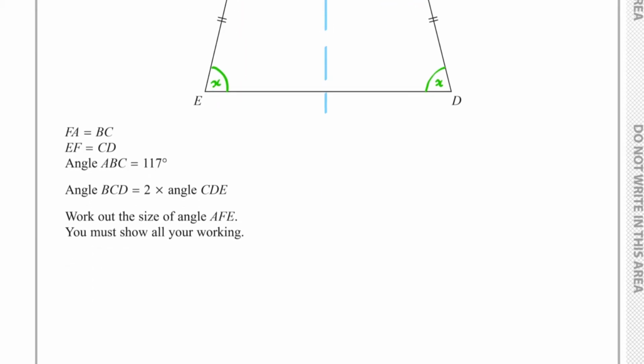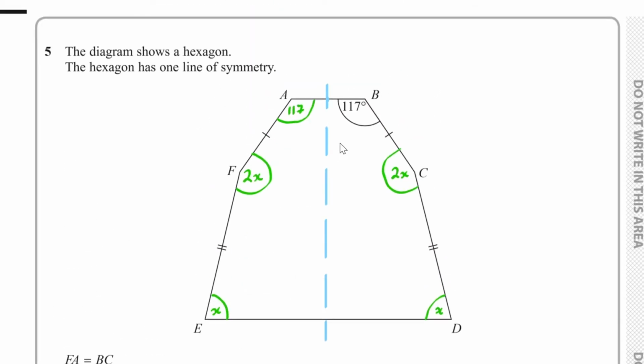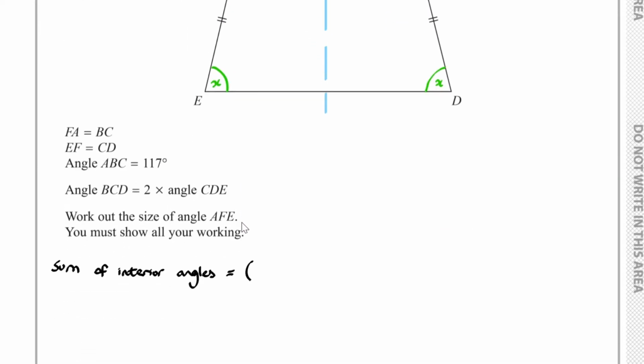So first of all, the sum of the interior angles, that's equal to the number of sides, we have here a 6-sided shape, minus 2 multiplied by 180, and if we work this out we get 720 degrees.